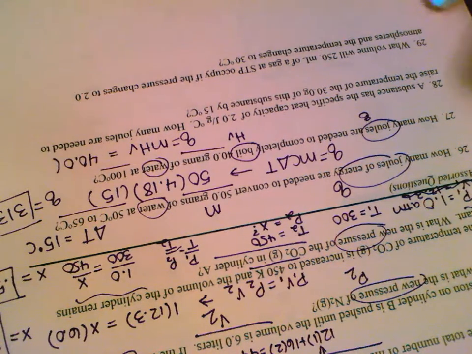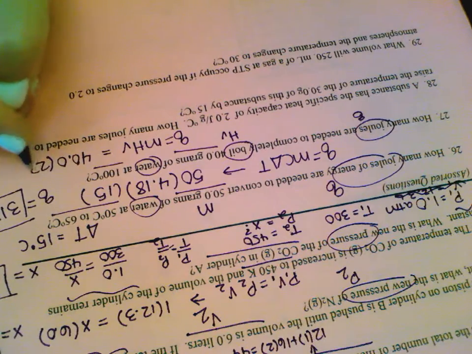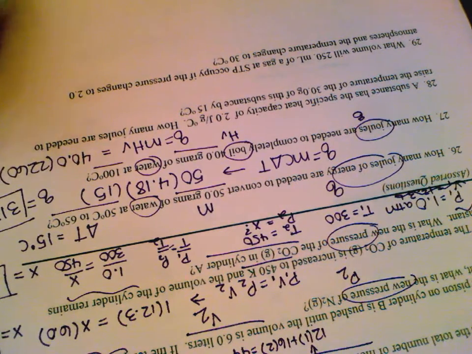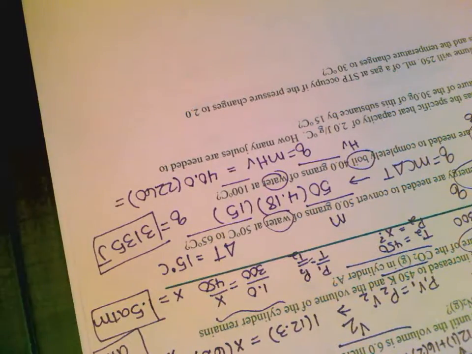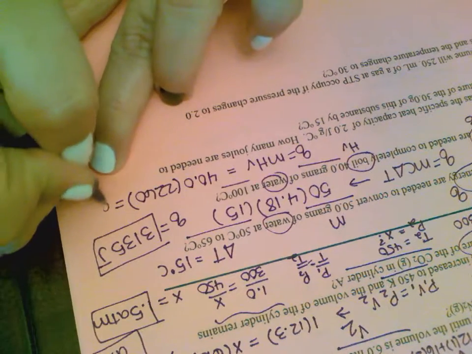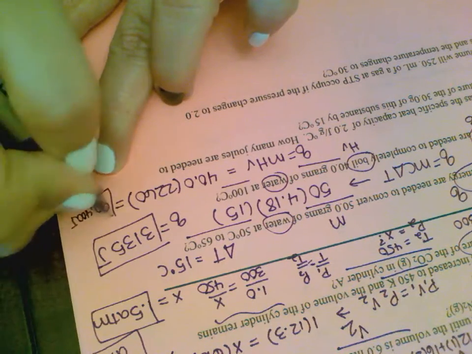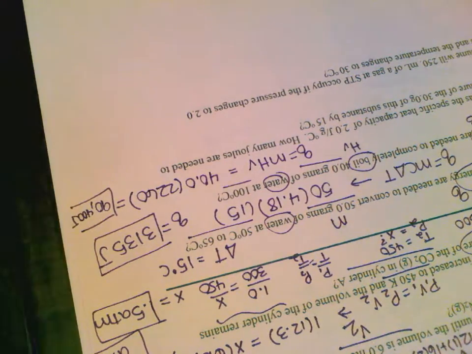My HV, again, go to Table B. Heat of vaporization is HV, 2,260. 40 times 2,260 is going to give me 90,400 joules.